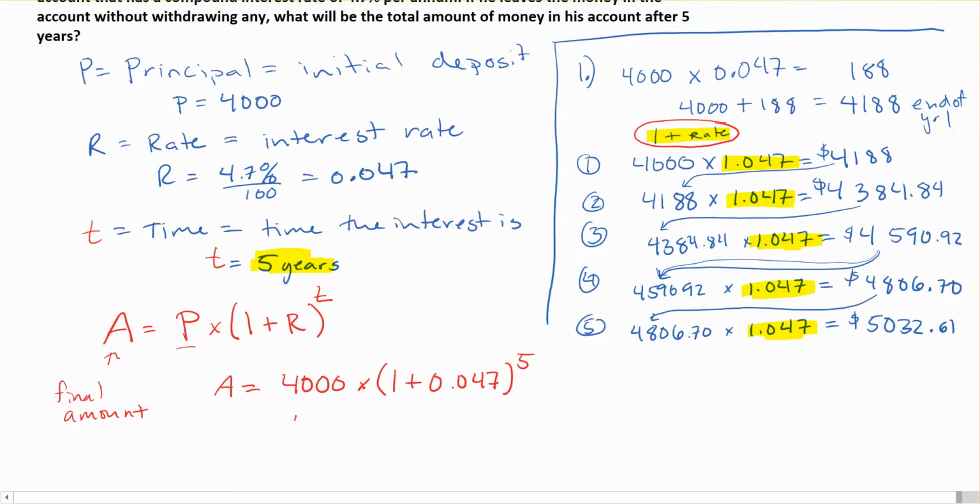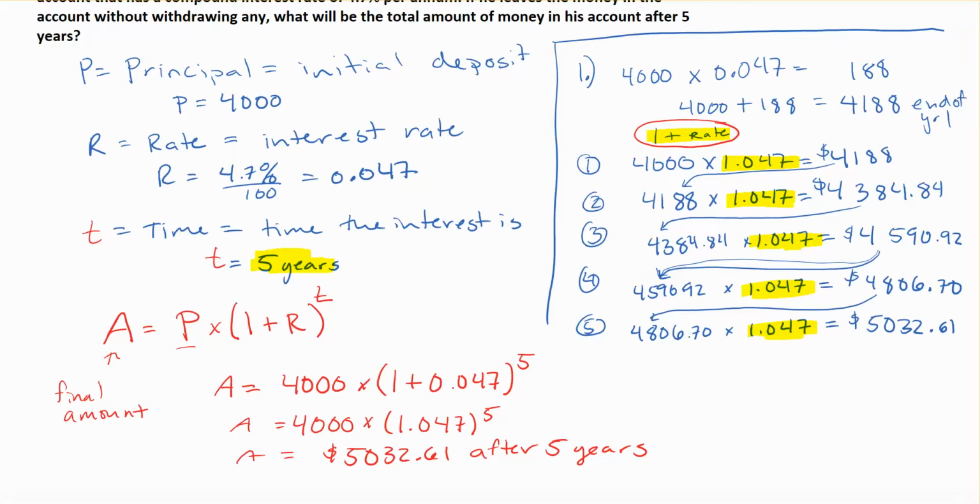And if you want to, save yourself a step in the calculator. Think about just writing that 1 plus 0.047 all as one thing if you want. And if you do that in the calculator, you get straight to the $5,032.61 after 5 years.